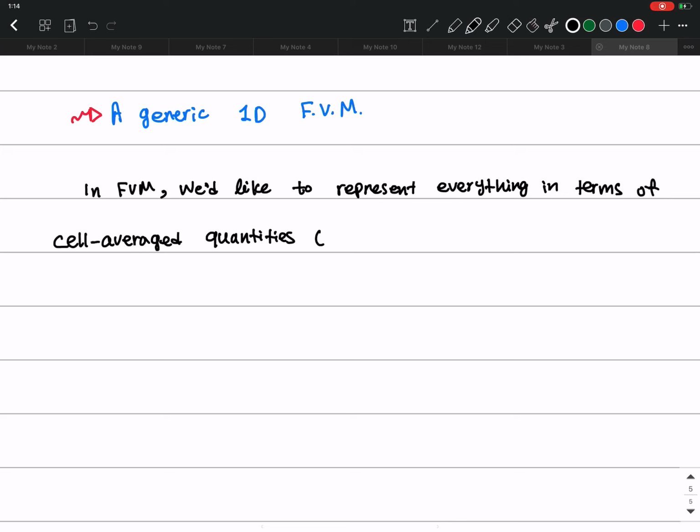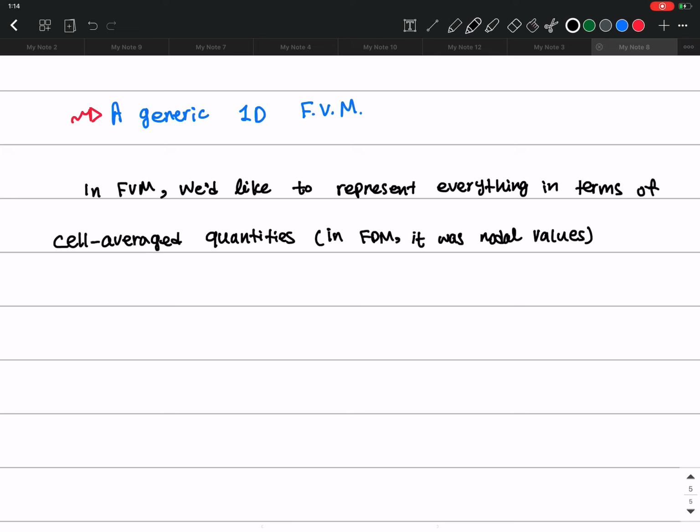If you remember, in finite difference method, it was mostly nodal values, right? It was nodal values. But here it's mostly cell average quantities, like in the integral form.